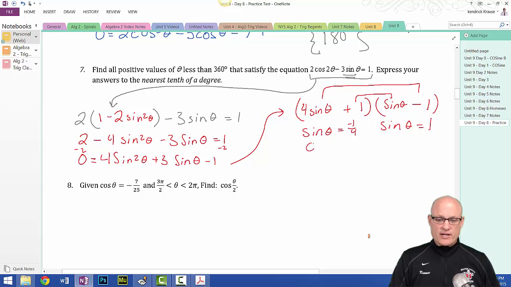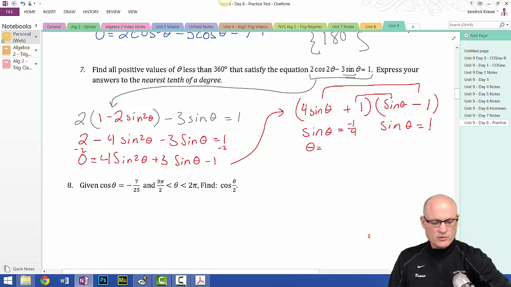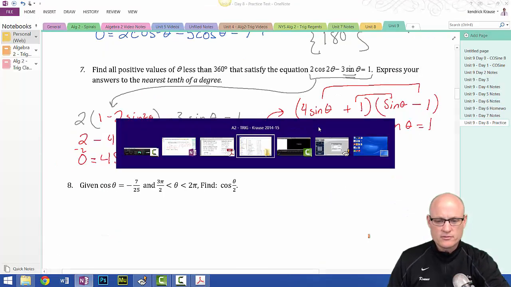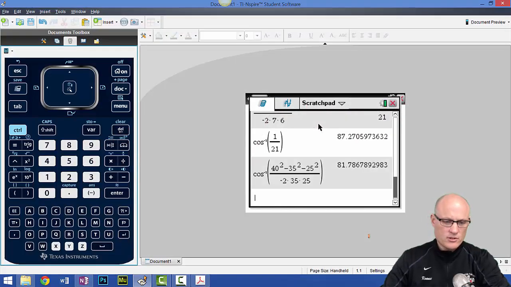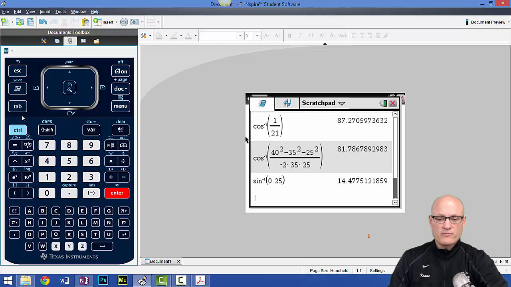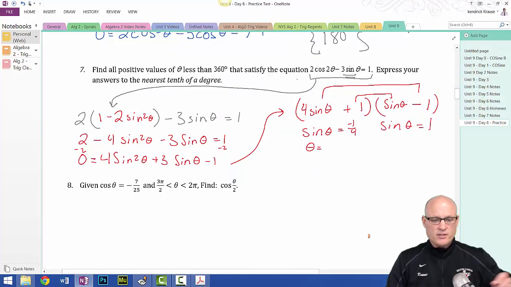So when I do this in my calculator, I end up with theta equals inverse sine of 1/4. I'm just doing 0.25. You get 14.477. And they said round to the nearest tenth of a degree.